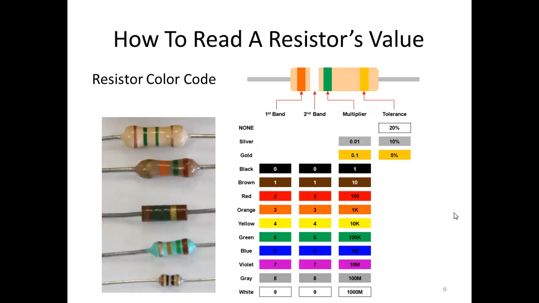There's a mnemonic device, that's a fancy way of saying memory trick, that will help you remember the color code if you would like to do that. You can just memorize it, or you can Google that mnemonic device. It's not a very nice one, so I'll let you look that up yourself.